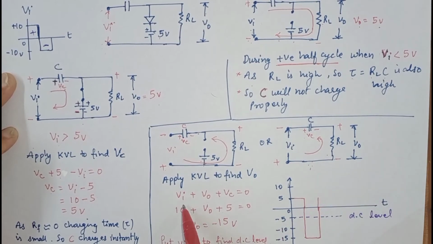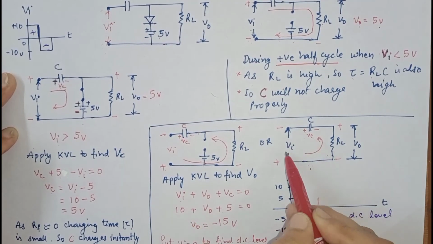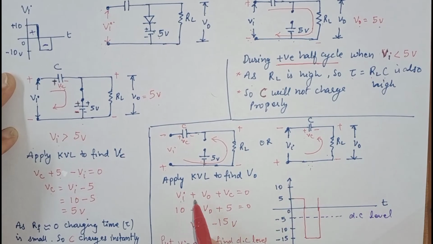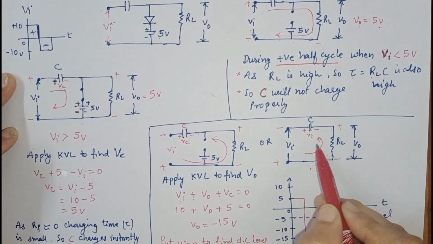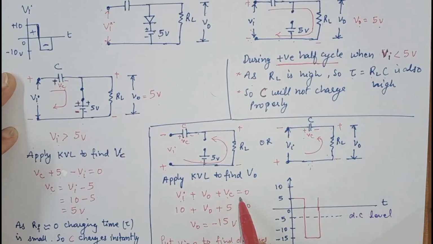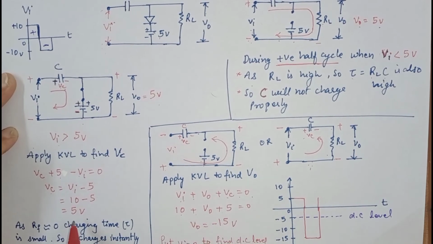So plus VI because current is leaving, plus VO and also plus VC equals 0. So VI is 10 volt, so 10 plus VO plus VC is 5 as we have found in the earlier case. So VO equals minus 15 volt.